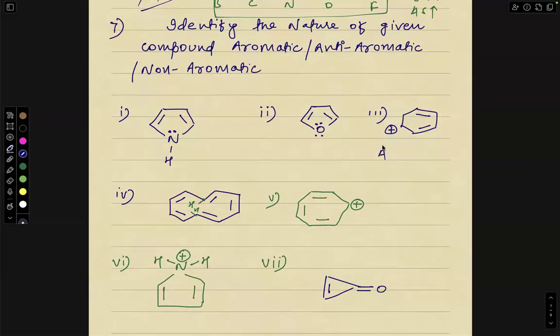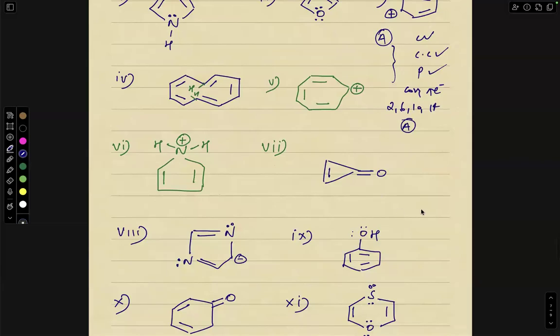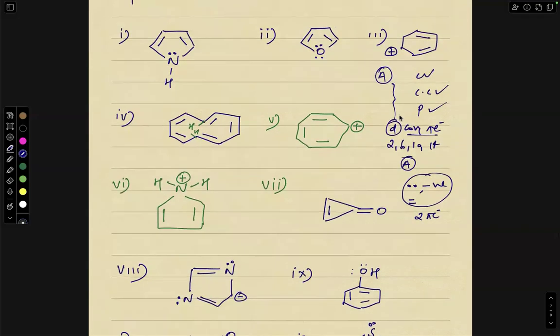If you want to check for aromatic, we have a few conditions: cyclic, conjugated, planar, and following the conjugated pi electron count. Whenever the number is 2, 6, 10, and 14, it would be aromatic. And I told you, whenever you have a lone pair, a negative charge, or a double bond, it can give you 2 pi electrons. And we have to find only the conjugated, which means delocalized pi electrons, for aromatic.